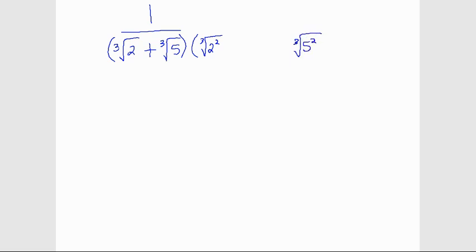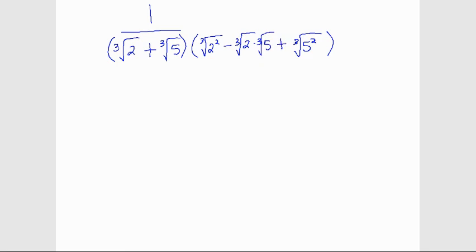Now, if we distribute this as is, it's not going to completely pan out because of the way distribution works. We're going to have some terms left over. So I'm also going to subtract and multiply by the cube root of 2 times the cube root of 5. And that'll be my quantity.